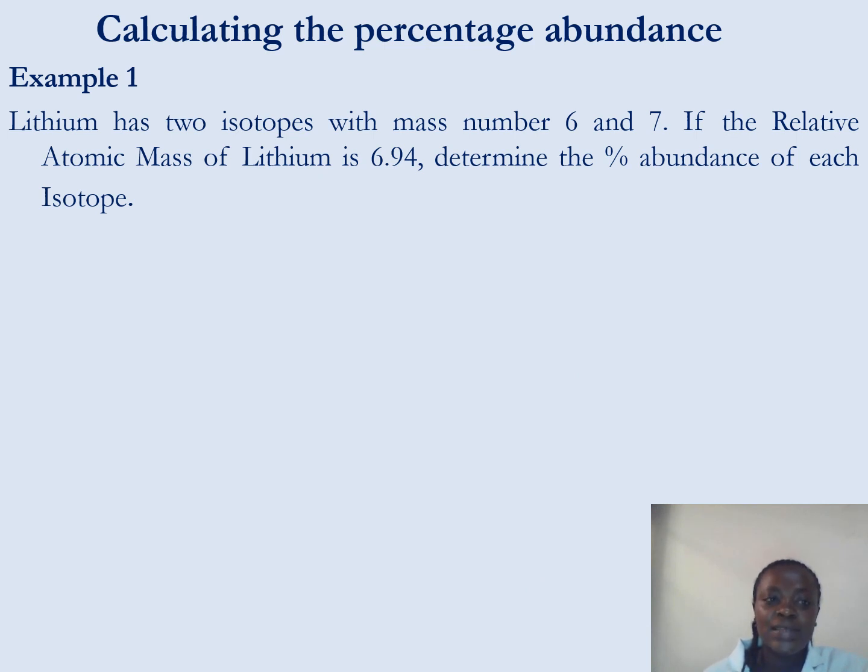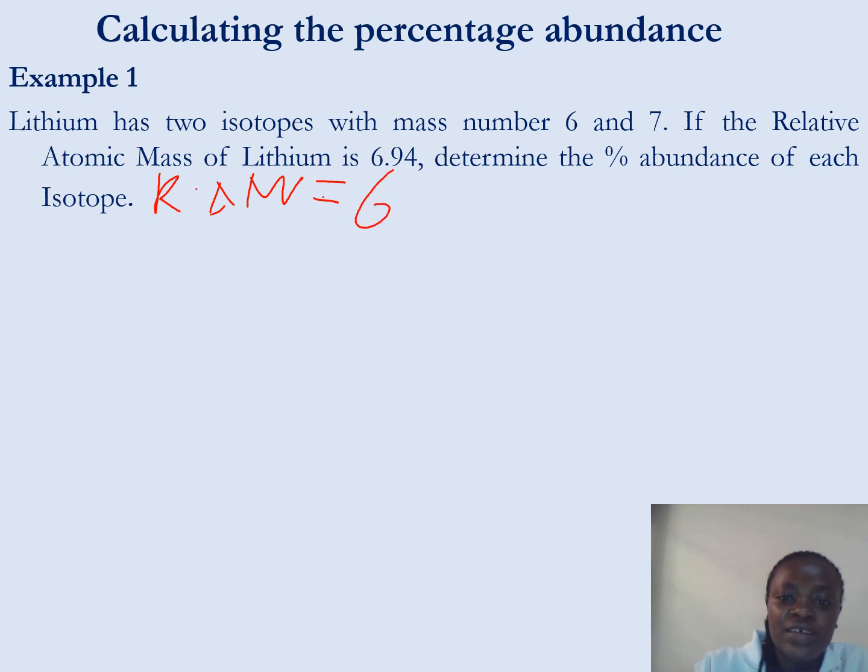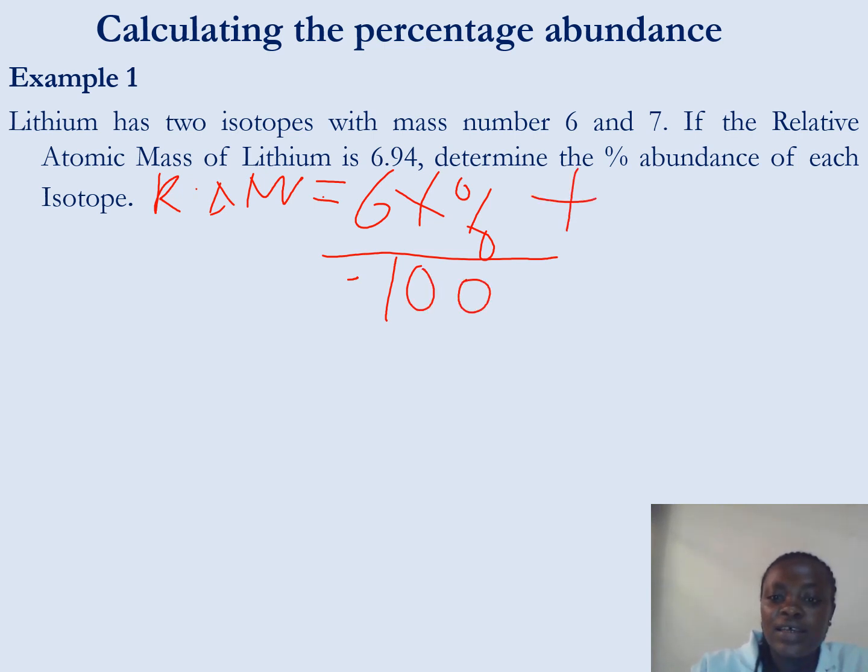So we don't know the percentage abundance of each of them, but we know the relative atomic mass is equal to the mass number of the first isotope times its percentage divided by the total percentage, which is 100, plus the mass number of the second isotope times its percentage divided by the total percentage.